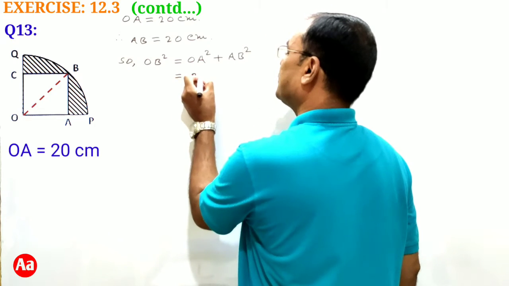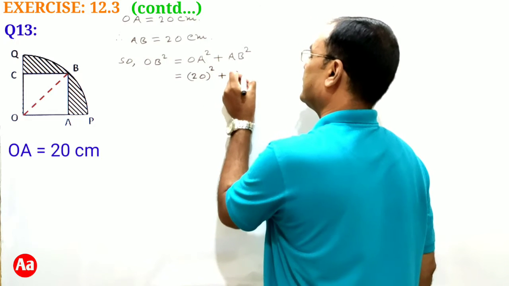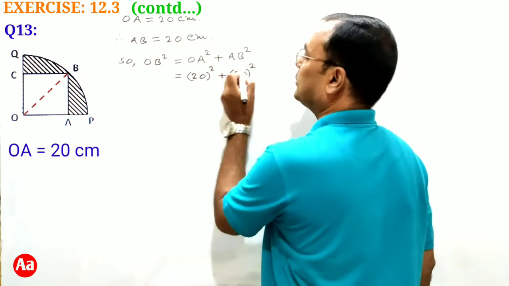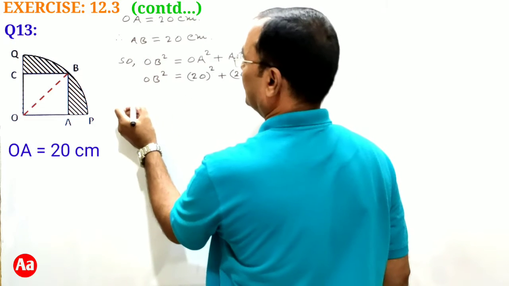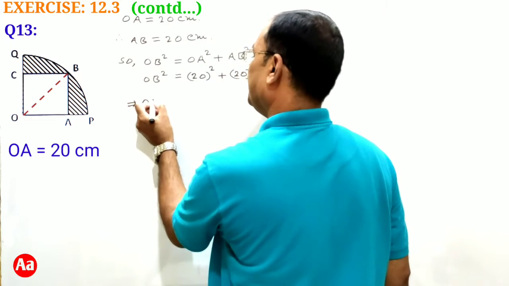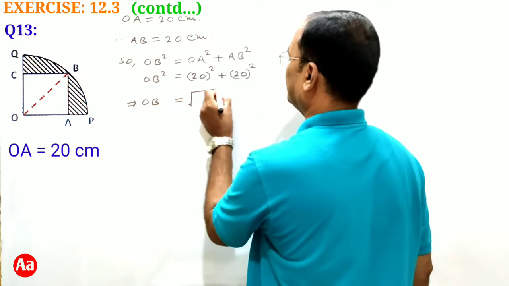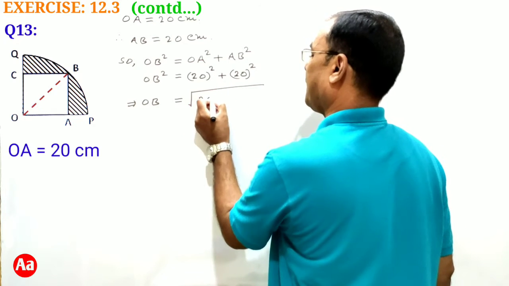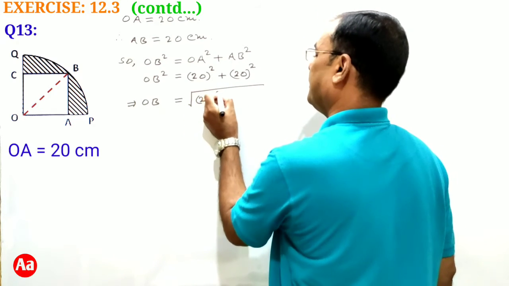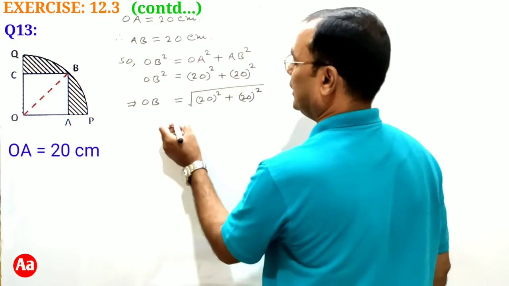So 20 square plus 20 square is OB square. So OB is equal to under root 20 square plus 20 square.